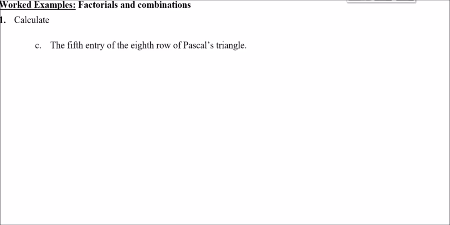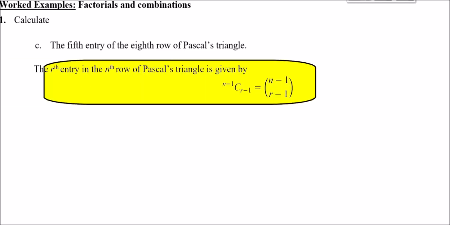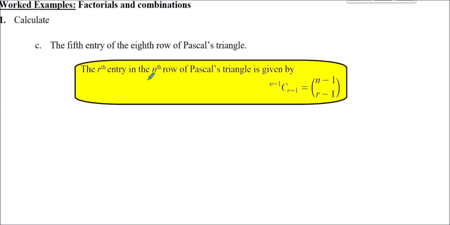And part C of question 1, calculate the 5th entry of the 8th row of Pascal's triangle. Now I could never remember how to do these, but essentially you knock one off each. So just to remind you, here it is. This is the way of working it out. So (n minus 1) choose (r minus 1), where n is the nth row you're talking about.